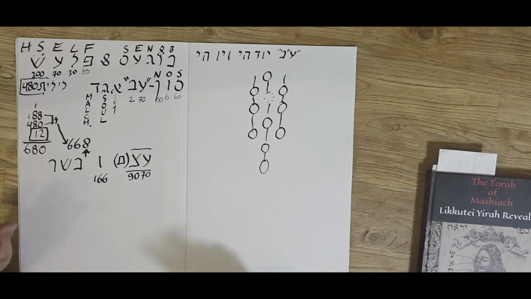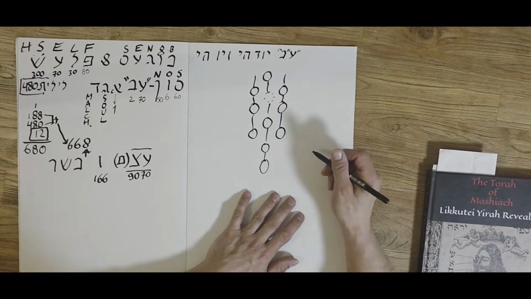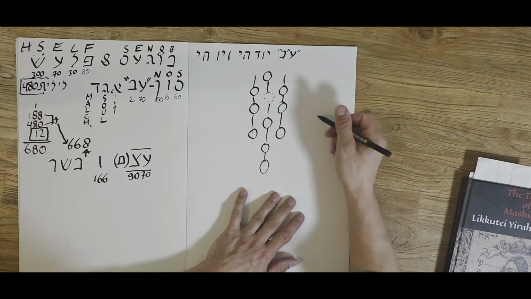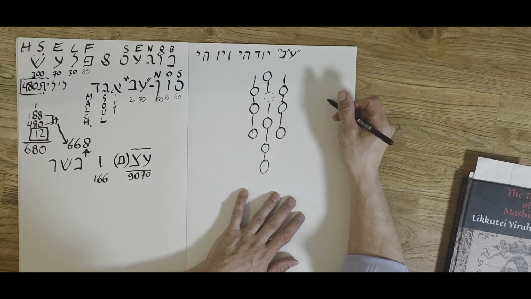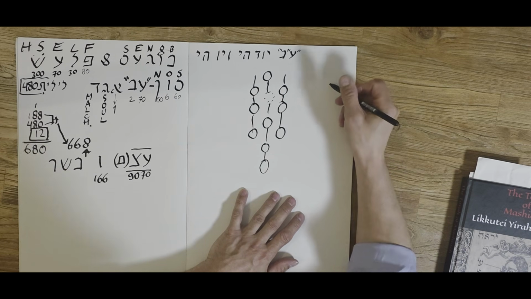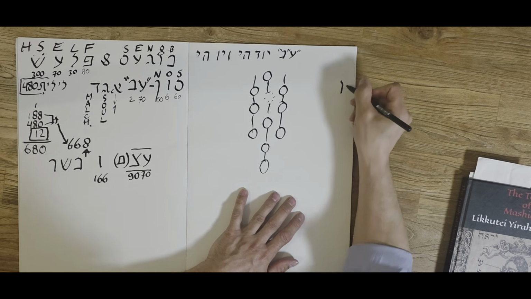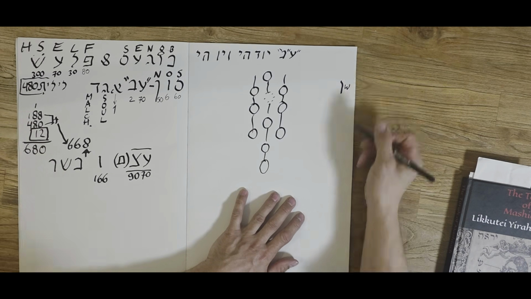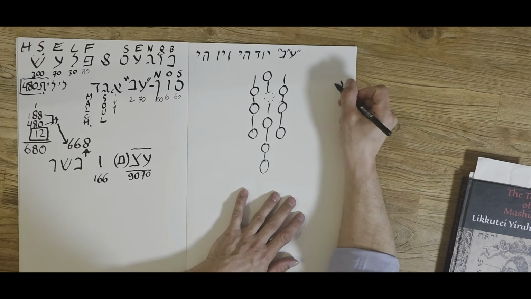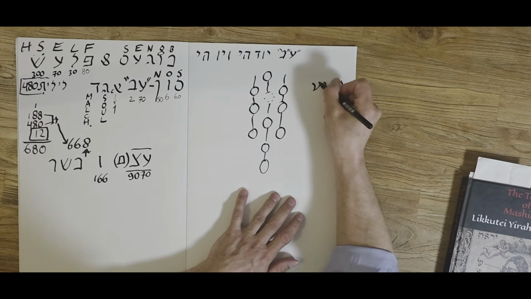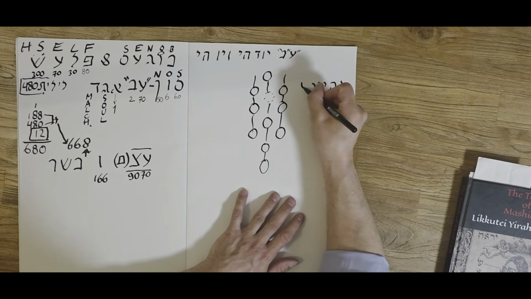Now we did these 3 columns, right? So we would have white, which is a vav, many bindings on the side, W, and then a hey, and a yud, and a tet, and an ayin.